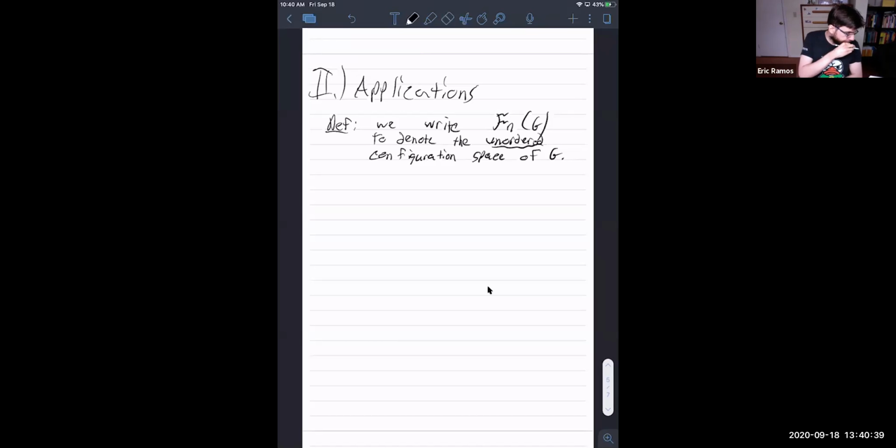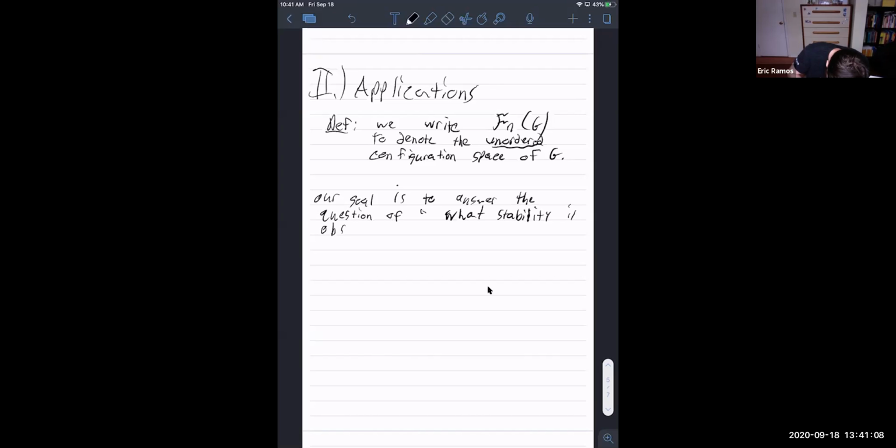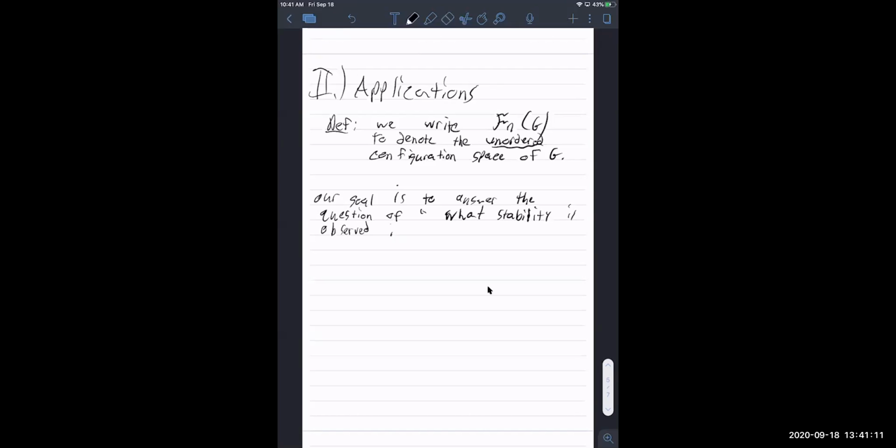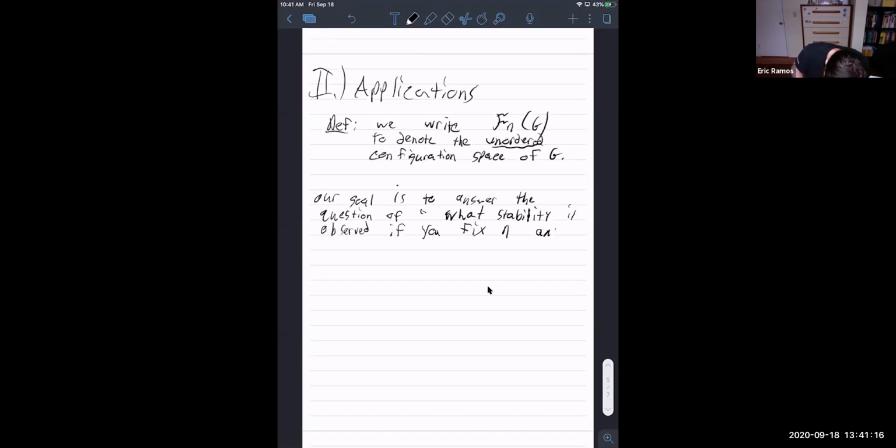So our goal is to answer the question of what stability is observed if you fix N and vary G.